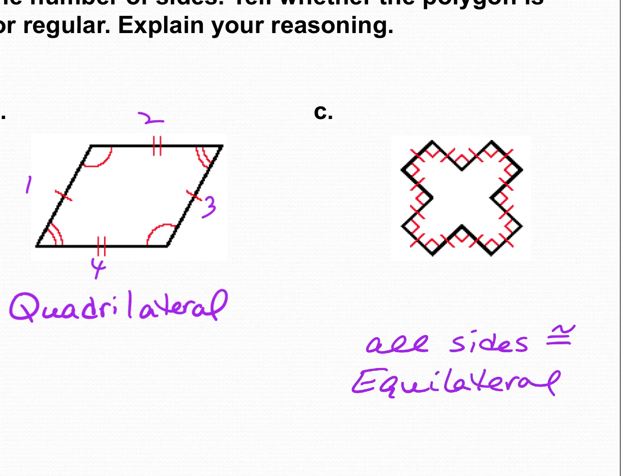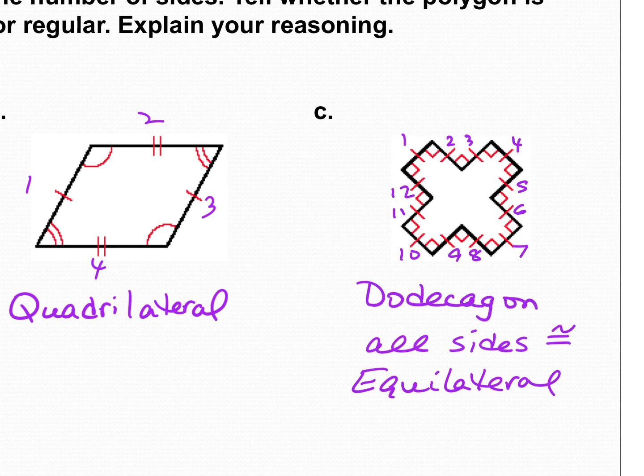And now I'm going to go back and count. So I have 1, 2, 3, 4, 5, 6, 7, 8, 9, 10, 11, 12 sides, making this a dodecagon. Now, notice all 12 angles are not congruent because this is actually a concave polygon. So this would only be an equilateral dodecagon.